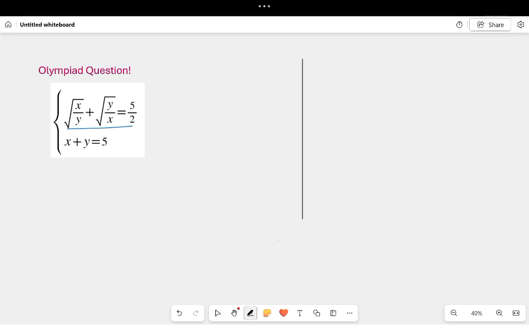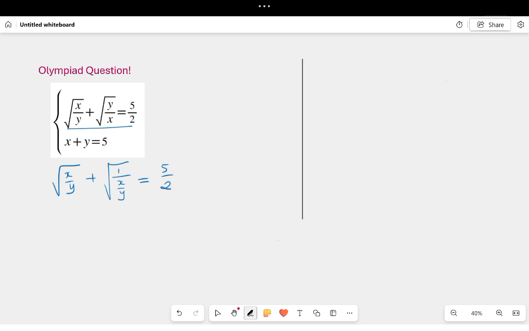Now, to solve this system of equations, we begin with the first one. We are going to manipulate the first equation because clearly you can see the square root of x over y plus the square root of y over x. One is the reciprocal of the other. So therefore, we are going to write them as the square root of x over y plus the square root of 1 divided by x over y is equal to 5 over 2.